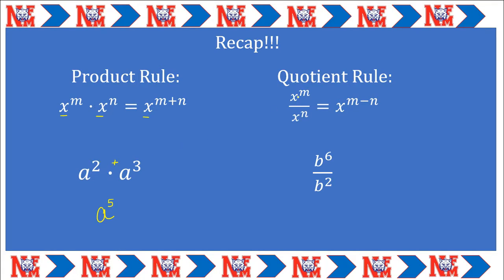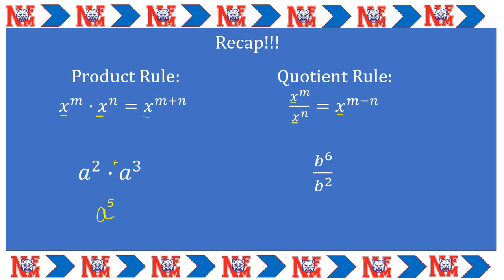Then we have the quotient rule, which is the inverse of the product rule. When we are dividing exponents that have the same base, we can rewrite this expression into a single base of x by simply subtracting the exponents, the top exponent minus the bottom.